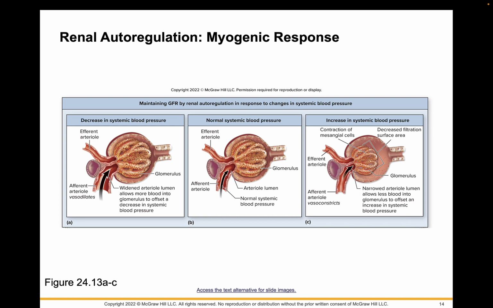Now, when blood pressure increases, shown in the last panel, we see the opposite. Compare what's happened to the afferent arteriole to the middle panel, and we can see that it is vasoconstricted. We now have a narrowed arteriole, which results in less blood moving into the glomerulus, and this is going to offset any increase in systemic blood pressure.